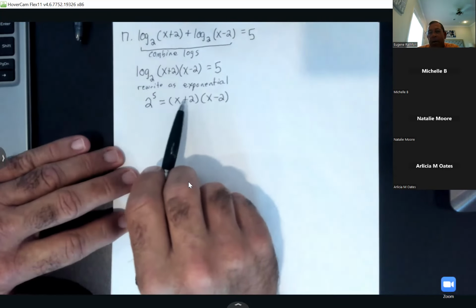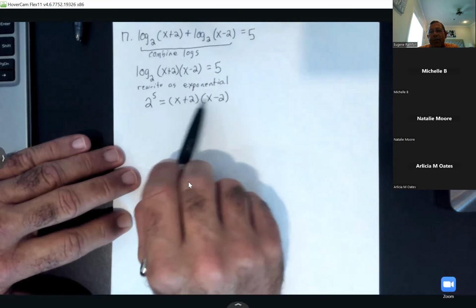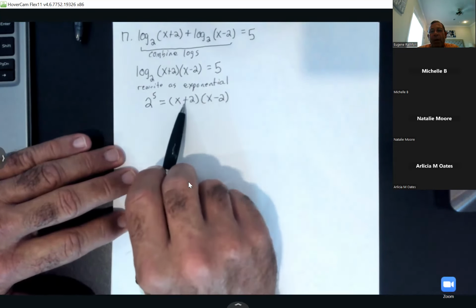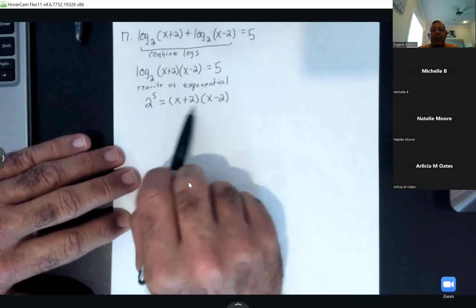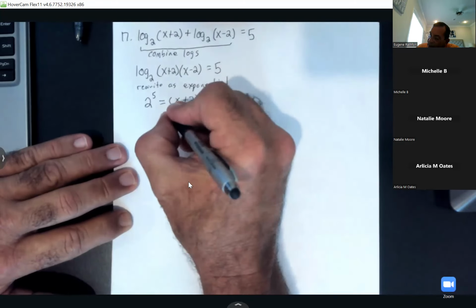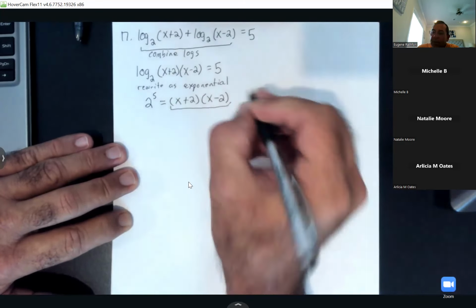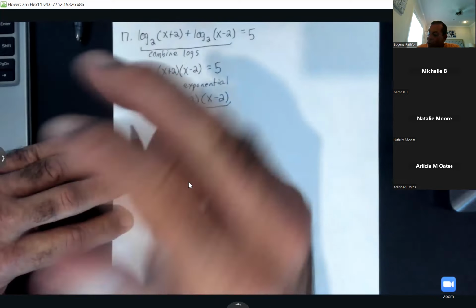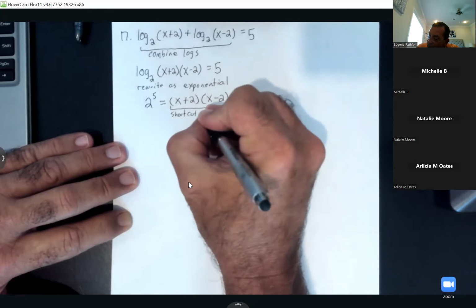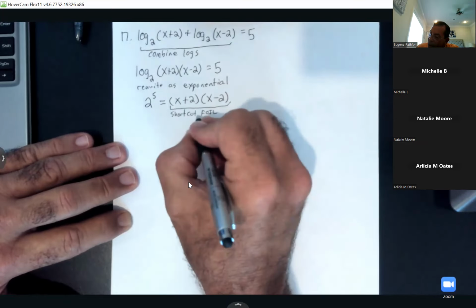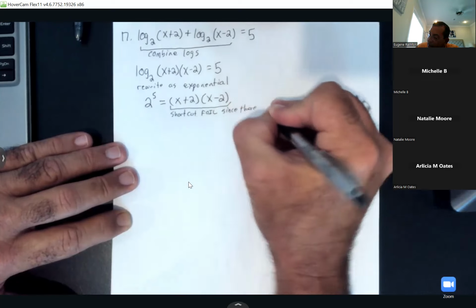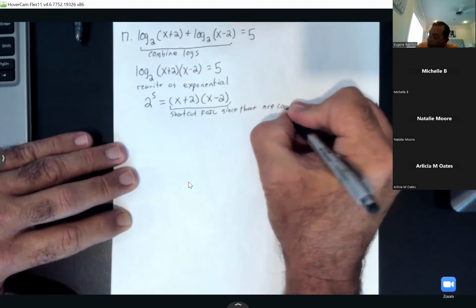Now, do y'all realize that these are conjugate pairs here? Remember, if one's positive, one's negative, but everything else is the same. So these are conjugate pairs. So since these are conjugate pairs, instead of doing the big FOIL, I'm going to shortcut FOIL.